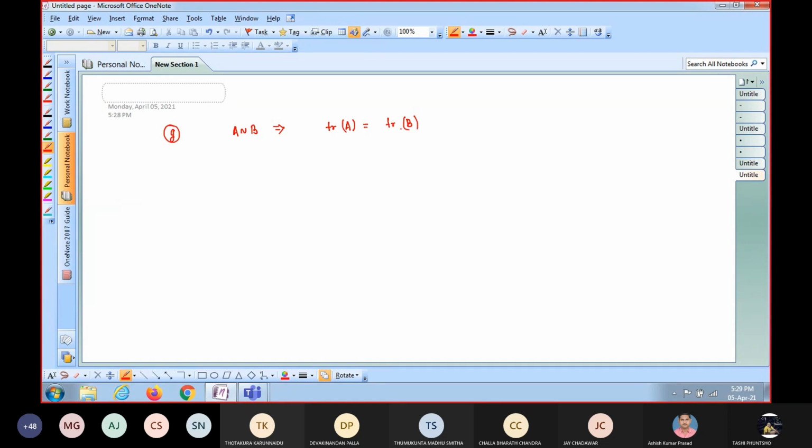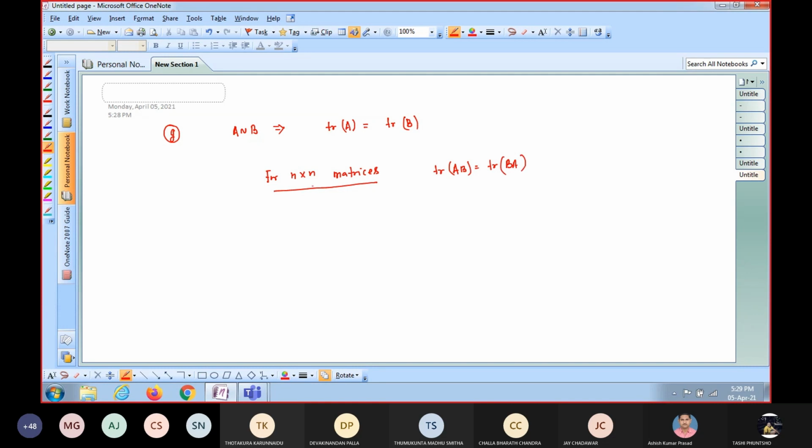So I can prove it again in a simple manner. See, we know that for n by n matrices, trace of AB is equal to trace of BA.